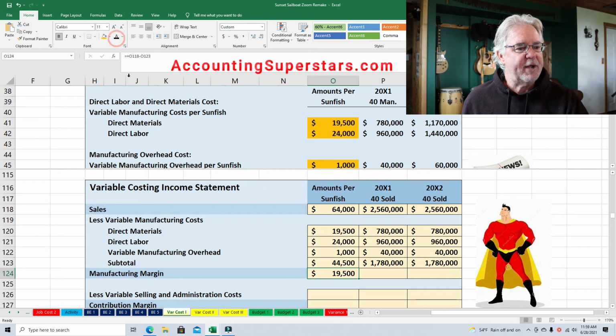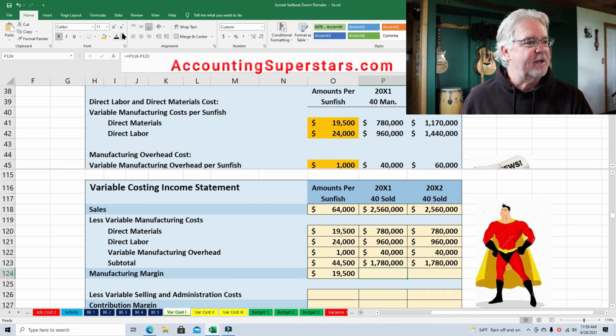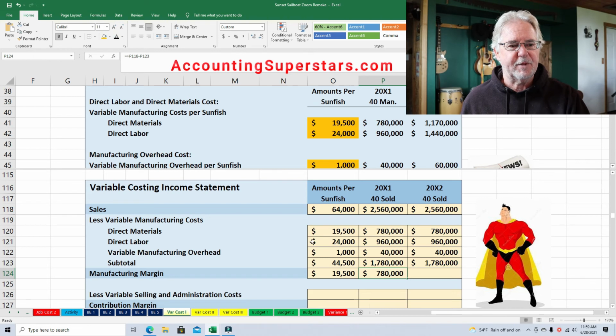So let's do a little subtraction. There you go. So there's a margin, and that's a good thing. That means it's costing them less to build these things than what they sell them for, which is kind of important. So 2,560,000 minus 1,780,000. There we go. And we should get the exact same number here too.